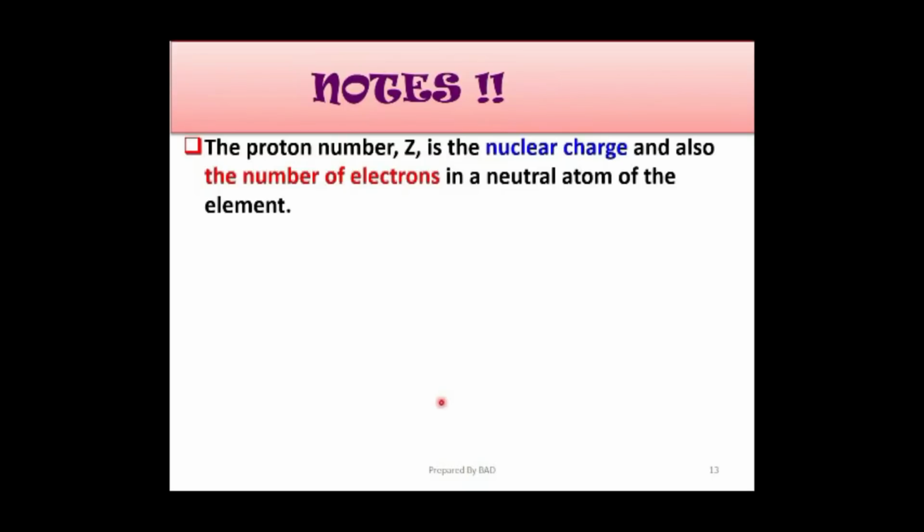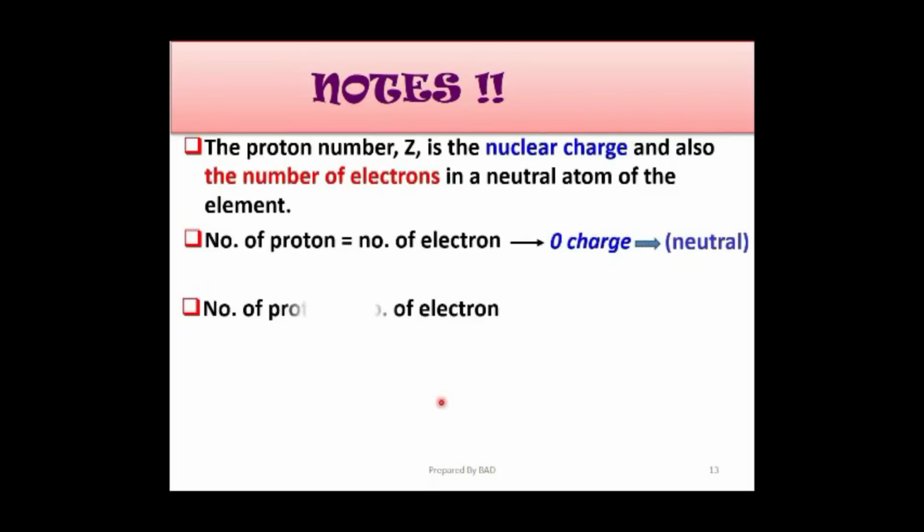So always remember the proton number Z is the nuclear charge and also the number of electrons in the neutral atom of the element. If the species is a neutral atom, the proton number and the electron number should be equal.